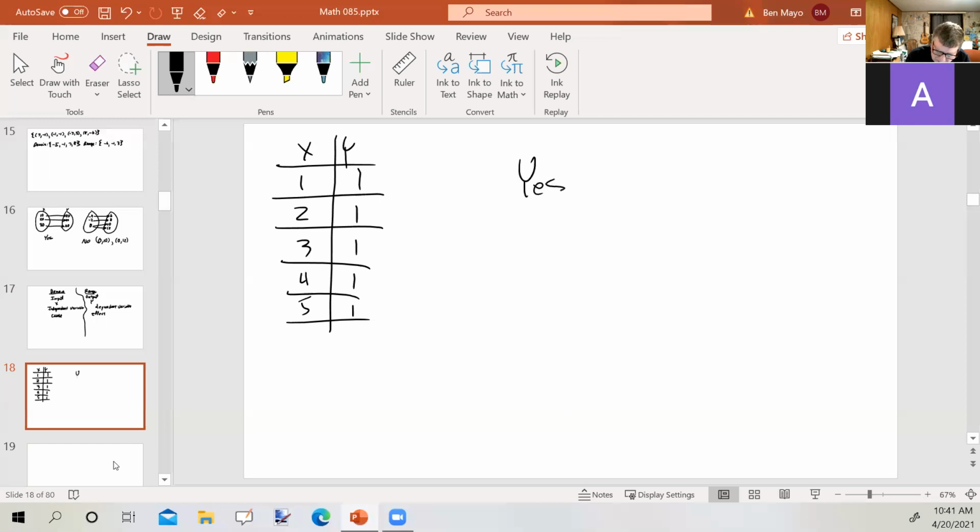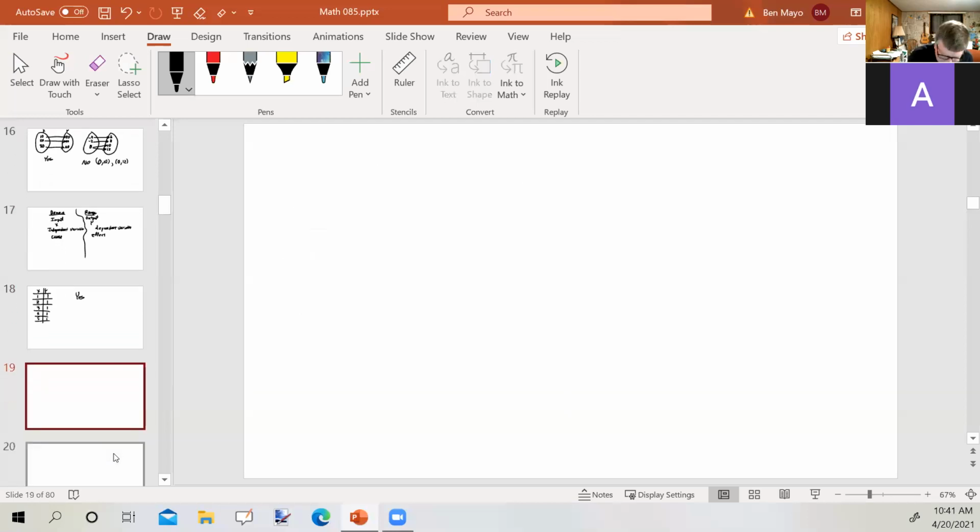The answer is yes. You've got 5 inputs, each one going to exactly one output. They're all going to the same output, but it's still a function. It'd be like having 5 people with the same birthday. Is that quintuplets? I'm not sure. But anyway, that would be a function.